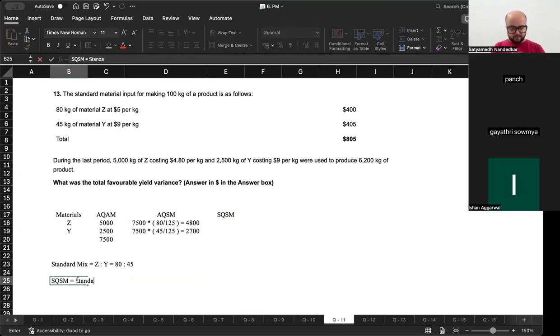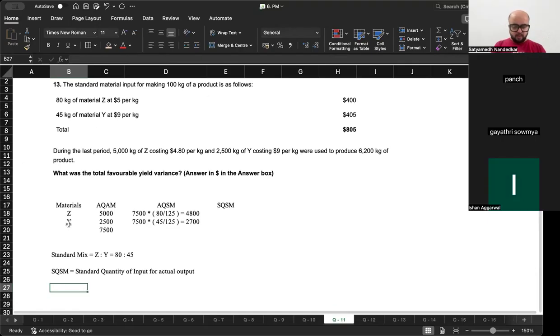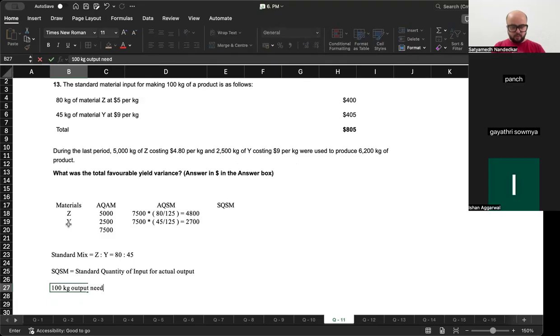SQSM is standard quantity of input for actual output. Now, 1 kg needs, sorry, for 100 kg output needs 80 kg of Z. So 6200 kg output will need 80 into how much? 62.